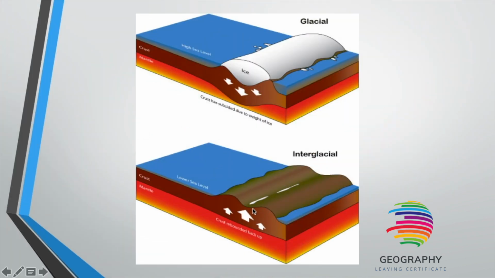So the crust slowly begins to bounce back up from the upper rigid mantle or the asthenosphere. So this is the balance between endogenic and exogenic forces that causes this isostatic movement.